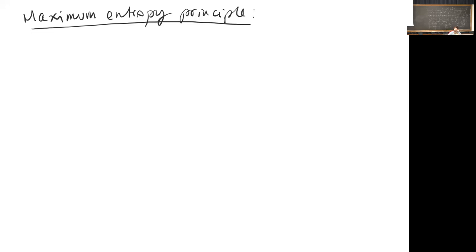This knowledge can be formalized mathematically by a set of constraints of this form. You know that some function of the random variable that interests you must be constant. And you know some constraints of this form, but you know nothing else. You don't know anything more than this constraint.